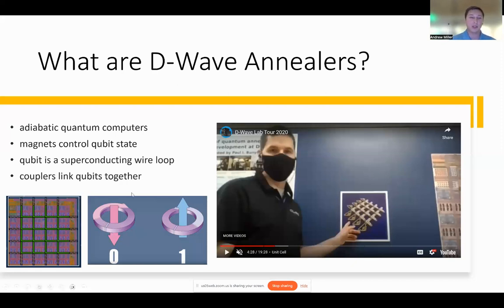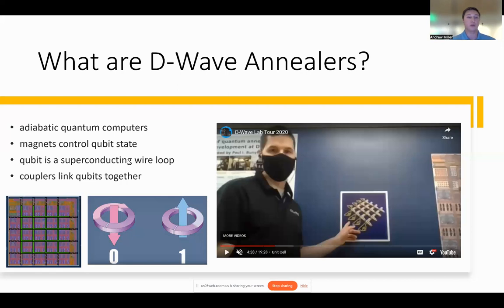Each loop is superconducting wire, and I guess that's why you need really cool temperature in this room for this to work. In essence, the superconducting wire loop simulates a qubit with its magnetic field, and then you have magnets that control the state of the qubit.